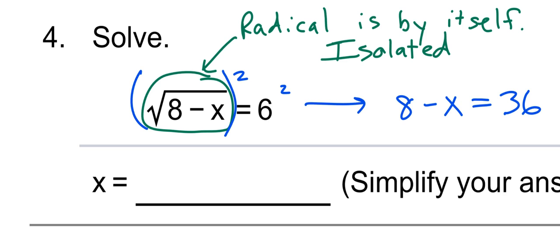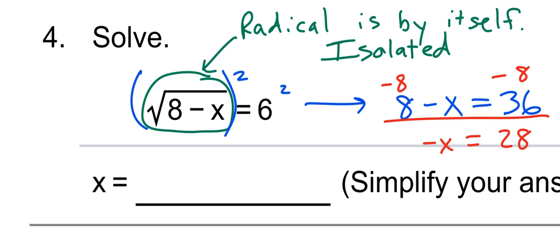It's true. Several of you, I am going to guess, did something like this. You subtracted 8 from both sides. Did you get negative 28? And then you got negative x equals 28, and then you divided by negative 1, and you ended up with negative 28.